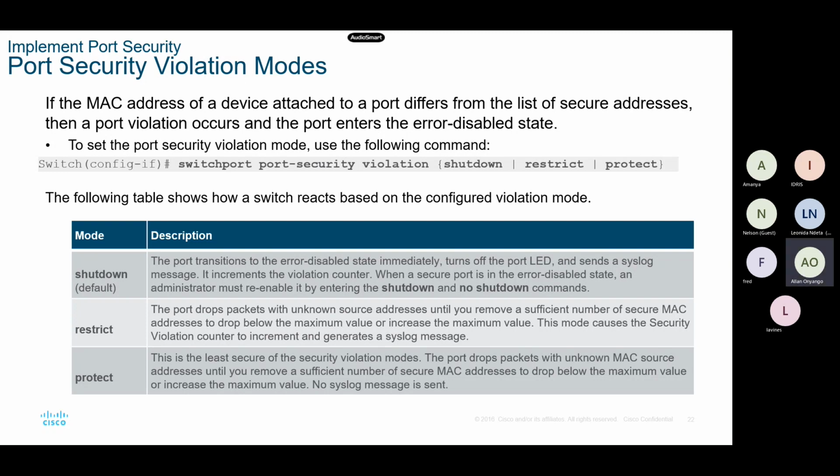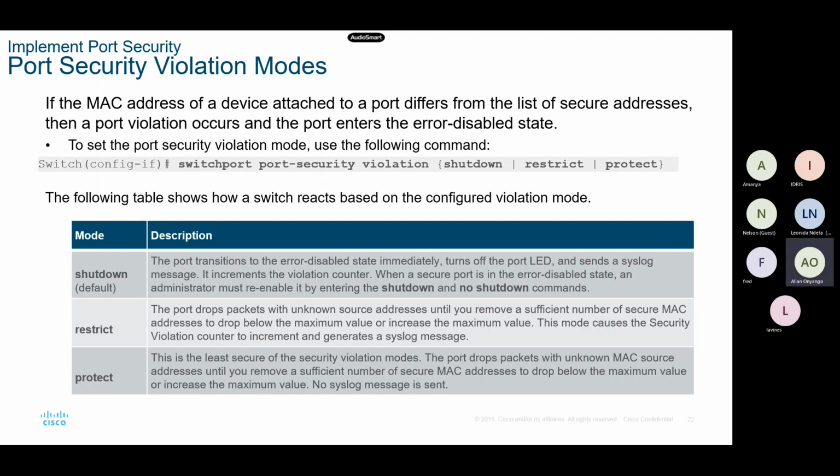But the port will be dropping packets from any unknown sources until you remove that particular MAC address. The violation counter will still increment when restrict is enabled, and syslog messages will be generated. Very, very important: the violation counter will be incremented, and the syslog messages will be generated, but the port will not go off. That is very important to note.